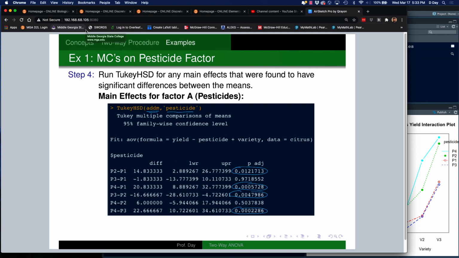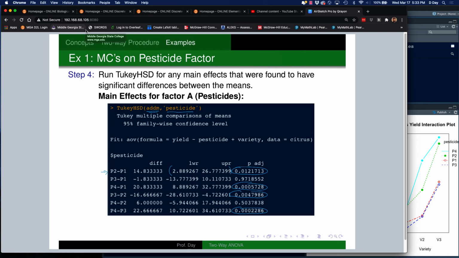All right. And again, remember the order of these things makes a difference in which one has a higher mean yield than the other. Since for P2 minus P1 you get a positive lower and upper bound for your confidence interval, that means pesticide 2 was higher overall in citrus production than pesticide 1.